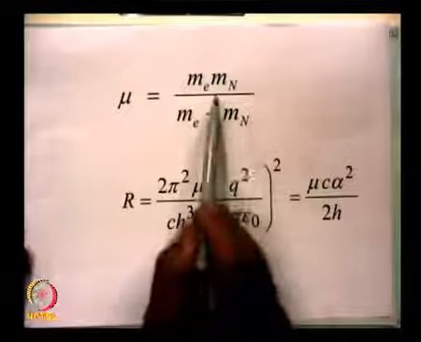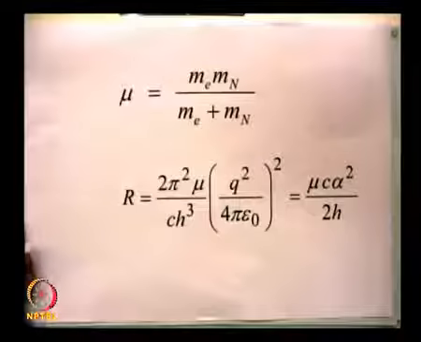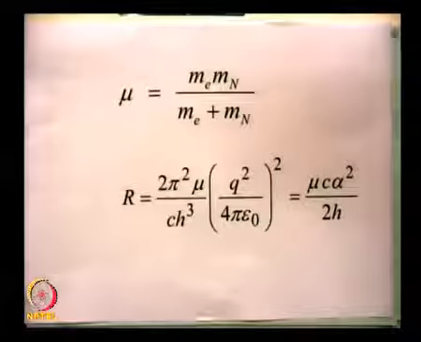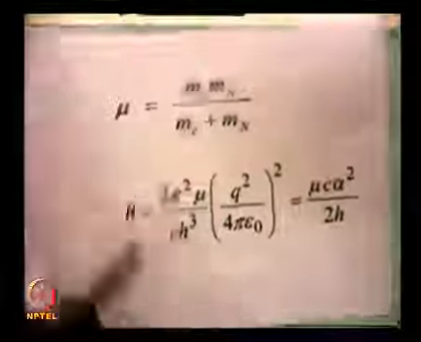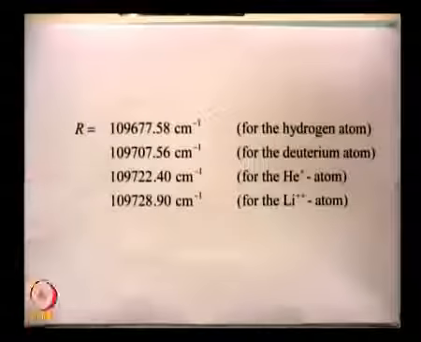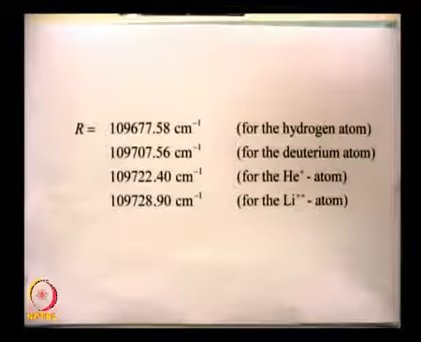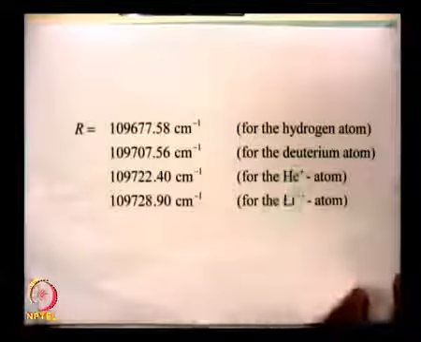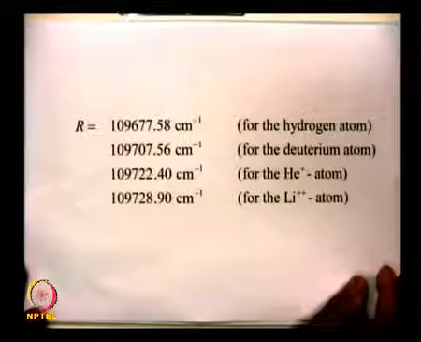And since for different one-electron atoms the mass of the nucleus is slightly different, the Rydberg constant is also slightly different. In fact, we had mentioned that for the hydrogen atom the nucleus consists of just the proton, in the case of deuterium atom the nucleus consists of a deuteron, 1 neutron and 1 proton.